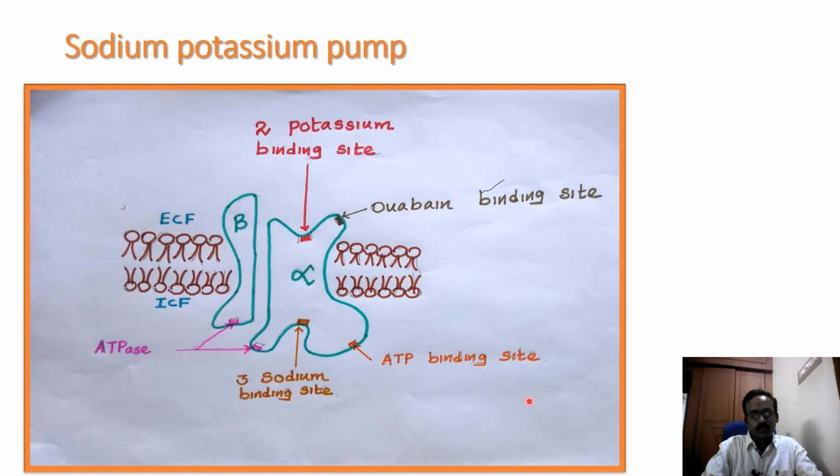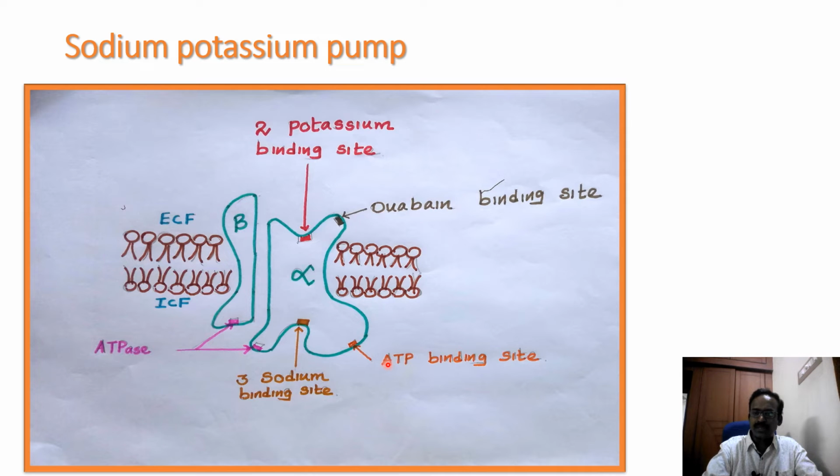When 3 sodium and ATP bind at the intracytoplasmic site, it produces hydrolysis of the ATP by activation of the ATPase. It produces ADP and a high energy phosphate.